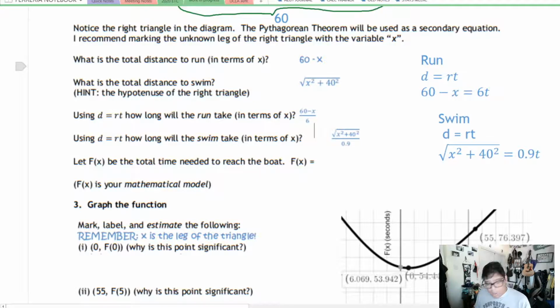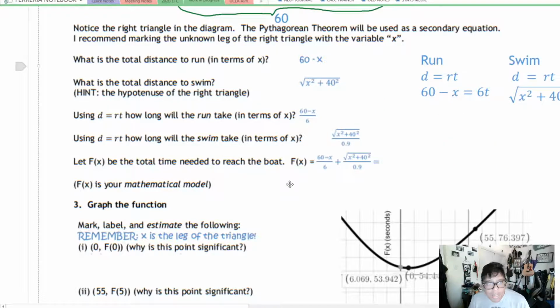So those two quantities together, 60 minus x over 6 and the square root of x squared plus 40 squared over 0.9, will give us the total time we're going to need to reach that boat. And that's going to be just the sum of those two times.